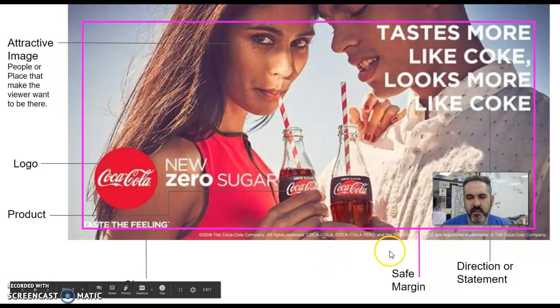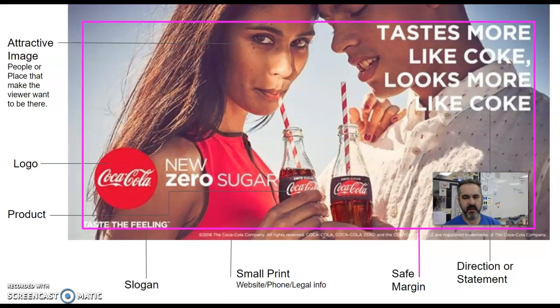Now that, of course, doesn't apply to everything. The last thing we're going to mention is the small print. A lot of times advertisers will try to fit in information that they're not quite as concerned about, but maybe they have to put it on there.